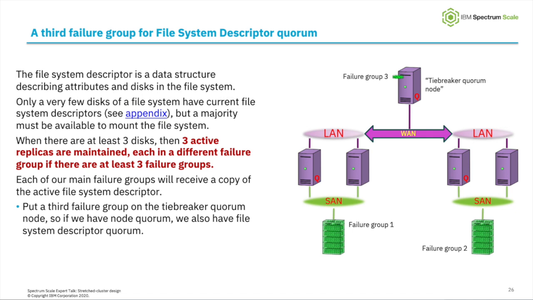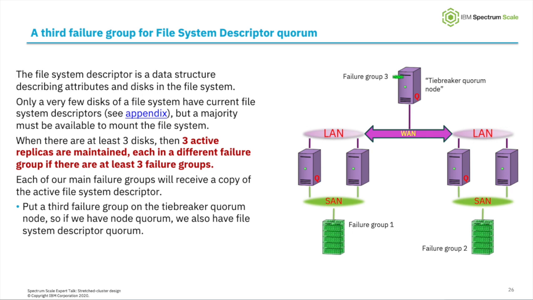Other file systems besides Spectrum Scale do something similar here. Spectrum Scale, though, doesn't keep each of these copies of the file system descriptor current. Only a few disks are active and have the most up-to-date copies.